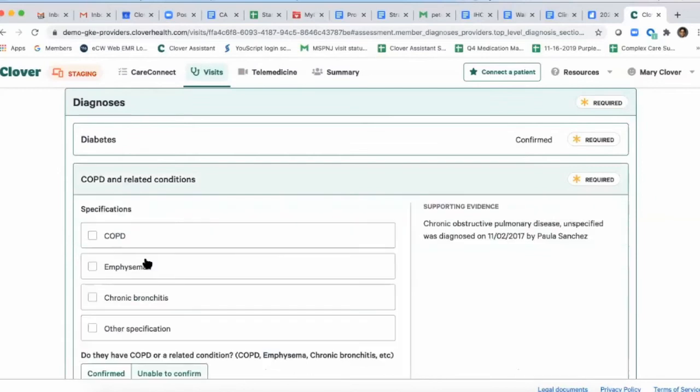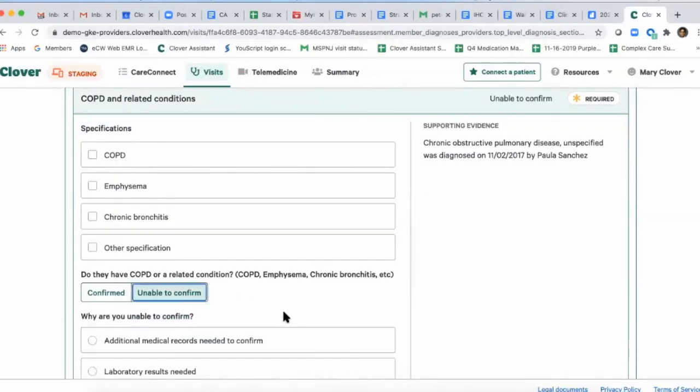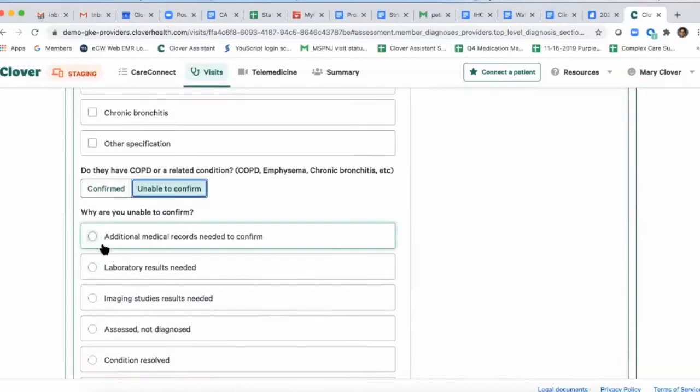Another example is COPD. This is an example where we're saying COPD was diagnosed in 2017 by Dr. Sanchez. You might say, hey, I don't agree with that diagnosis, or it may be present, but I'm not sure. So you might say, I'm not able to confirm that, and I need additional medical records to know that better.